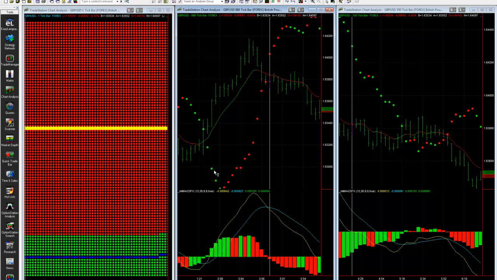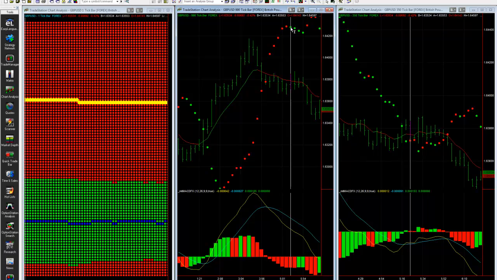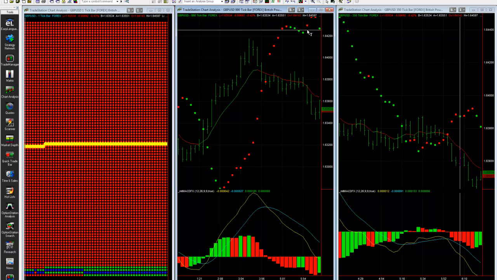So these dots accurately predict visually when the market is potentially going to cross over. We see an example here where the dots started going down, indicating a minor uptrend with the market, and that's reflected in the bars. But then on this bar, they move further away from the market.